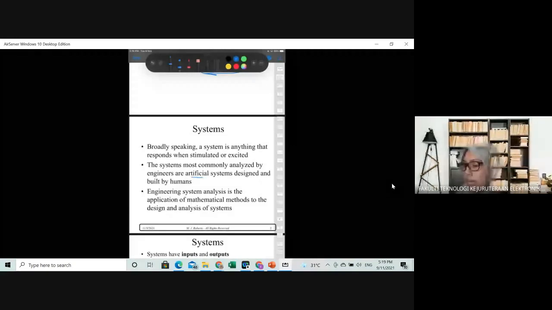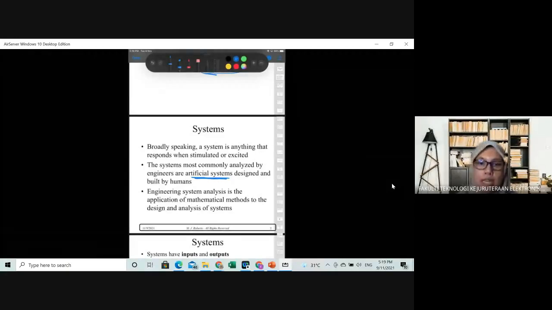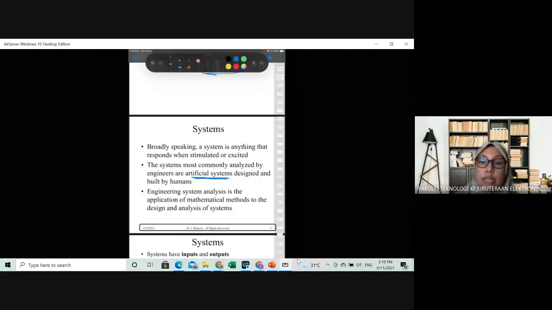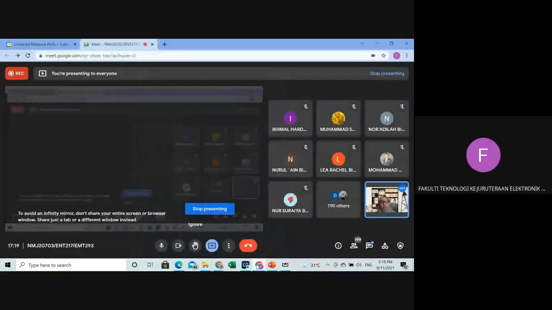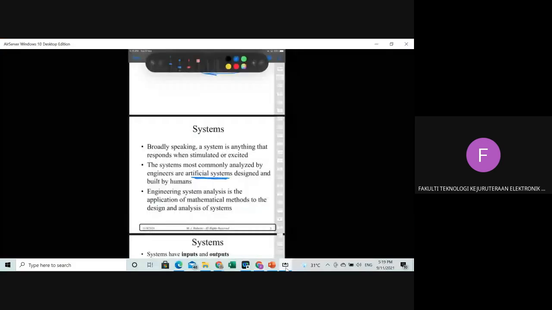We also have natural or biological systems, like our body's respiratory system. The concentration or level of oxygen is the signal, and the lung, the bronchus, the bronchial, the trachea, all of that form the system.